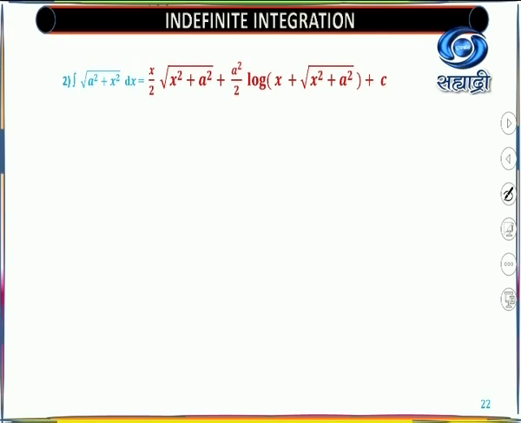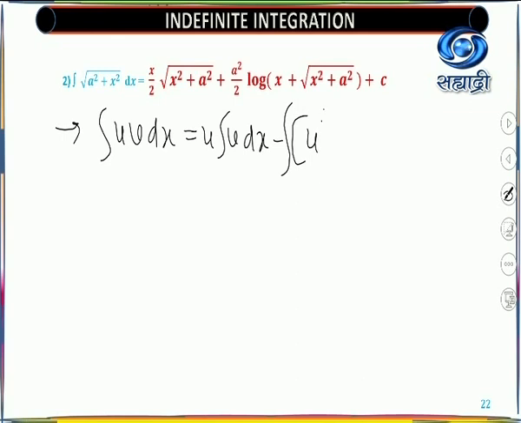The theorem is: integration of u into v dx is equal to u into integration of v dx minus integration of the bracket u dash, meaning the derivative of u, into integration of v dx. This is one bracket, and this complete product is again integrated. This is the meaning of our theorem.